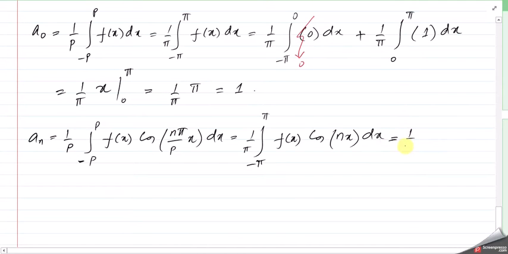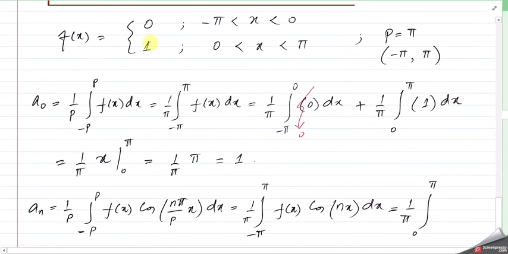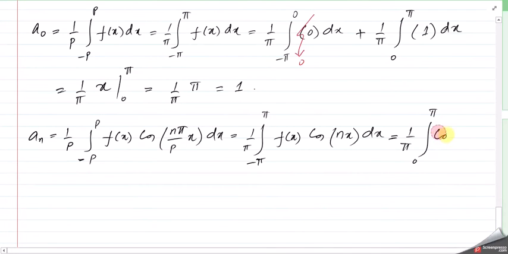So it becomes 1 over pi integral 0 to pi, and the function between 0 and pi is 1, okay? F of x is 1, so we only get cos nx dx. And that is a very simple integral to solve.